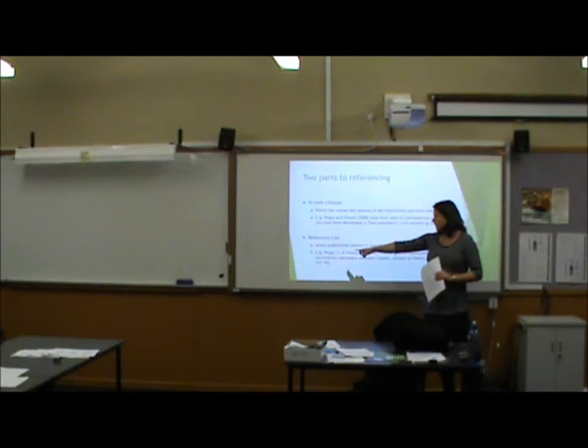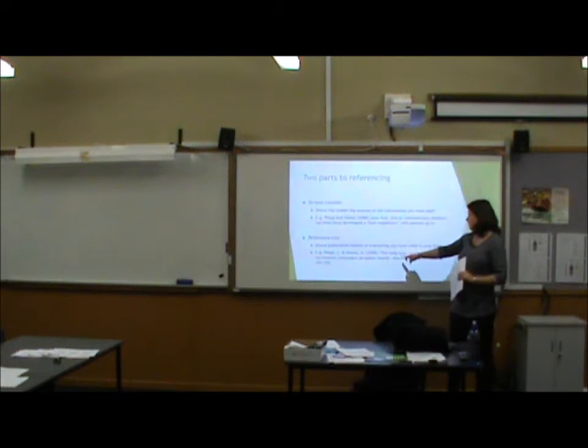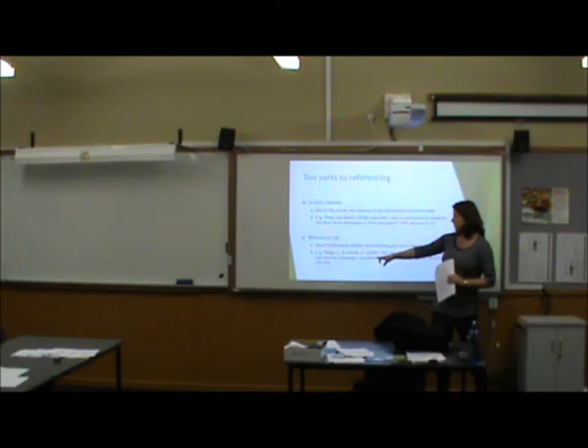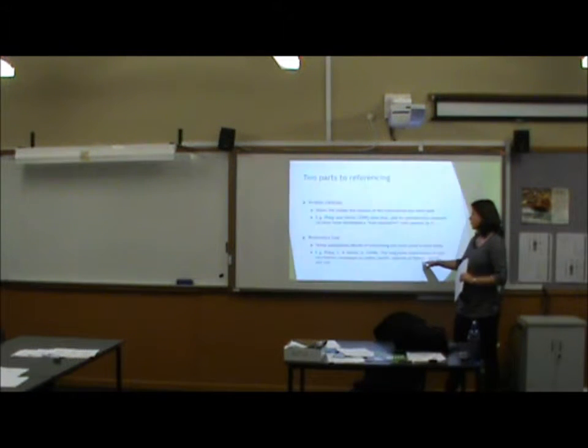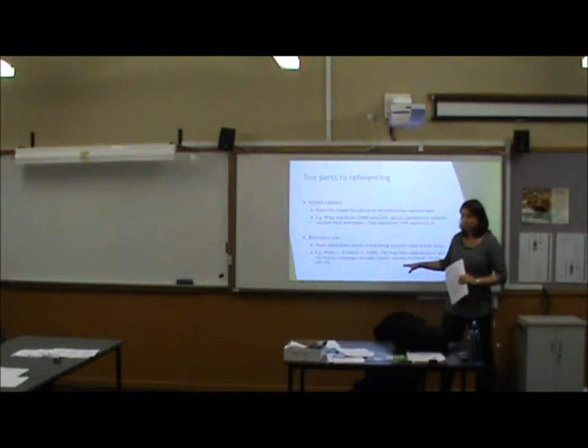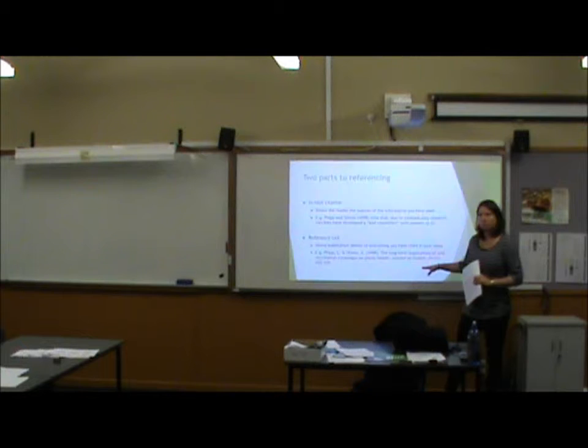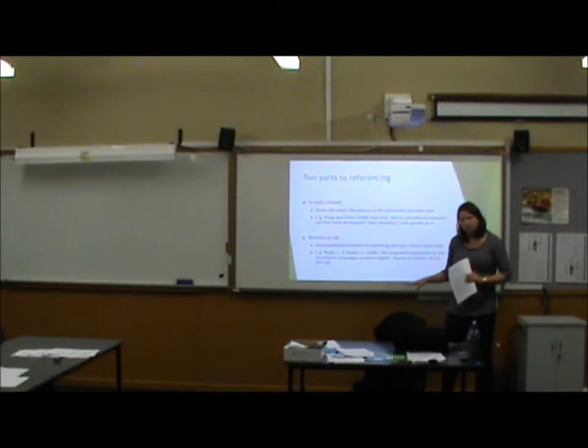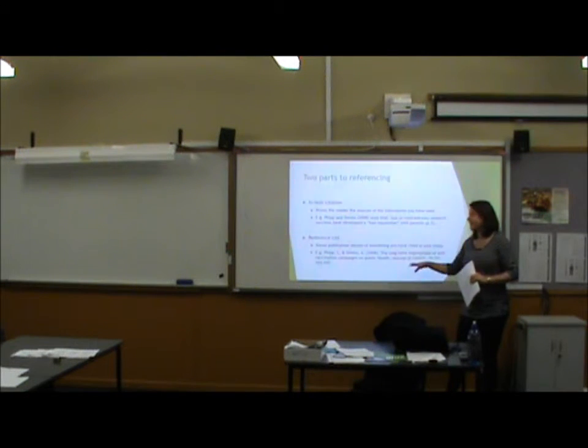These are the authors. This is the title of the article, the long-term implications of anti-vaccination campaigns on public health. This is the source, and the source is always in italics, so if it's a book or a journal, it's always in italics. Trust me, the italics and the full stops and the commas are there for reasons, and that's the format.